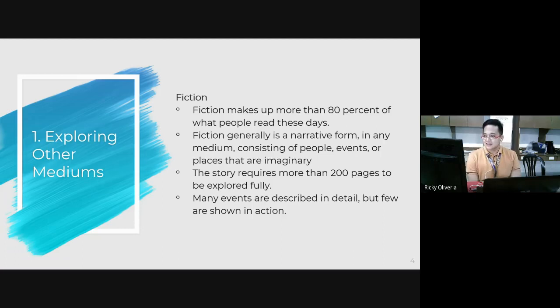Fiction makes up more than 80% of what people read these days. Generally, it is a narrative form in any medium consisting of people, events, or even places that are imaginary. This means that when we say fiction, these are not real.